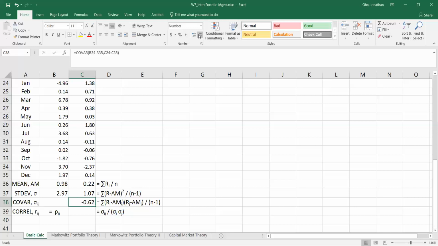In covariance only the sign matters, the size does not show strength or anything else. Correlation coefficient does it. So let's calculate the correlation coefficient.